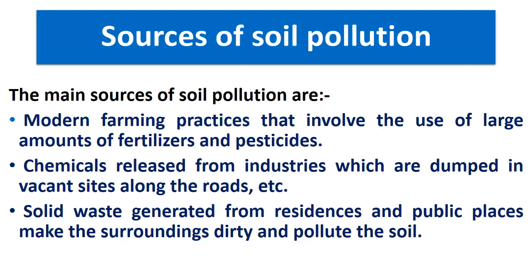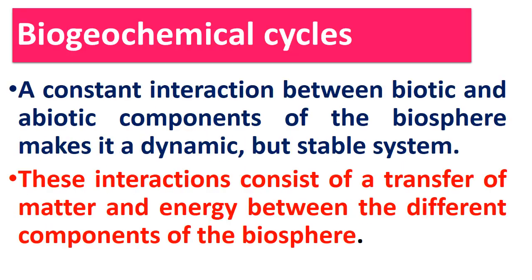Second is chemicals released from the industries which are dumped in the vacant sites along the roads. Third is solid waste generated from the residences and public places, which makes the surroundings dirty and pollutes the soil. So these are the sources of soil pollution.